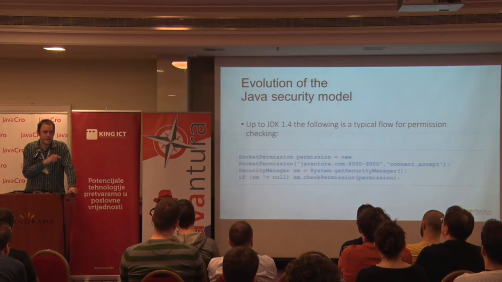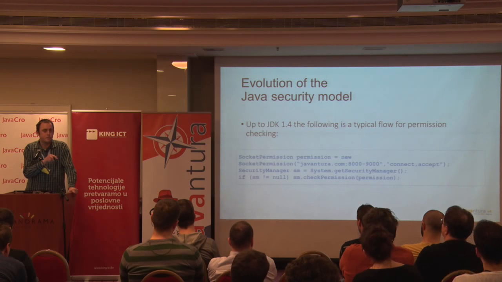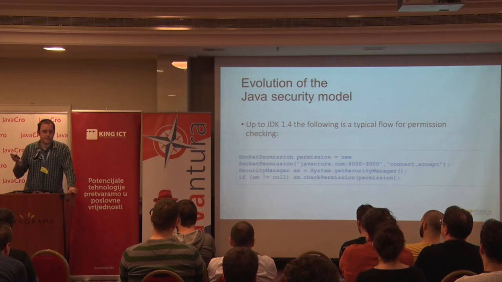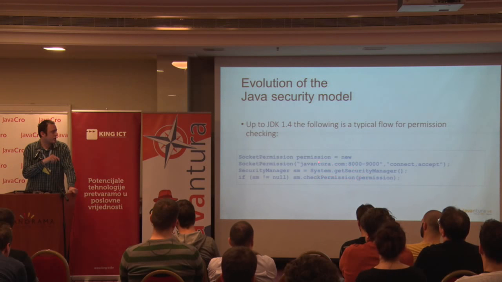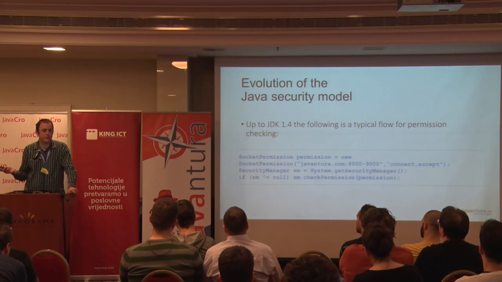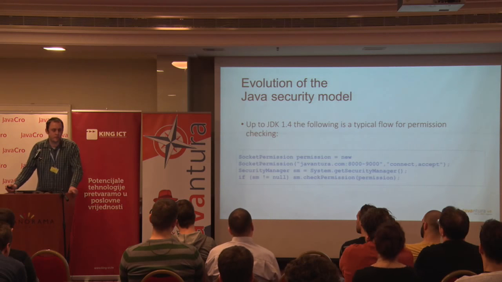However, if I have a security manager, I call sm.checkPermission, passing this permission. What the JVM does at that point is traverse the call stack of where this is called from. And if all of the frames in that stack have the permission to open the socket with those particular parameters, then I have a permission granted. Otherwise, I get a security exception.